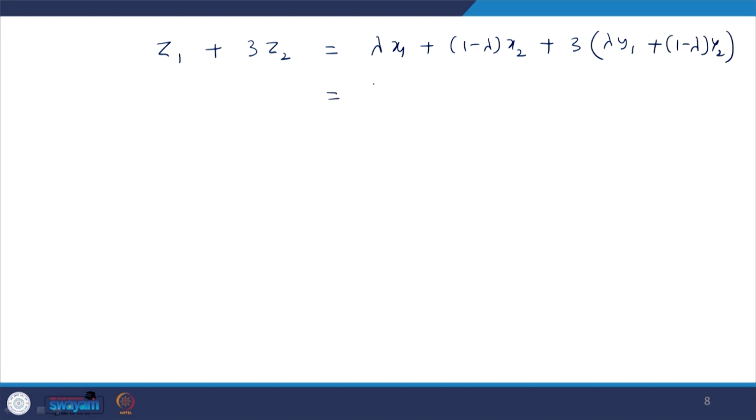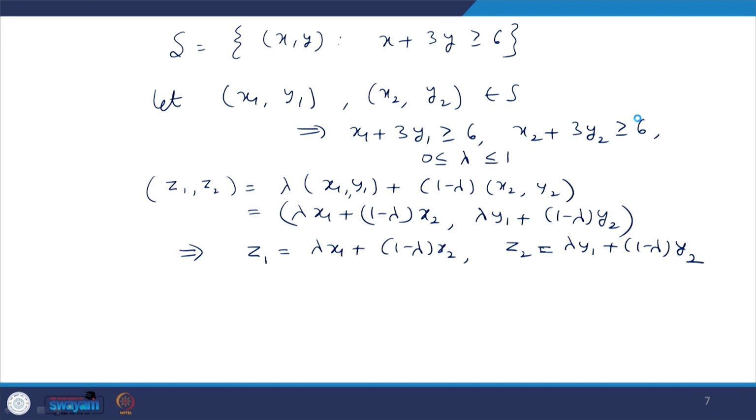So, this further equals lambda times, you take lambda common from this and this. So, lambda times x 1 plus 3 y 1 and 1 minus lambda times x 2 plus 3 y 2. Now, but x 1 plus 3 y 1 is greater than or equal to 6 and x 2 plus 3 y 2 is also greater than or equal to 6, and lambda is between 0 and 1.